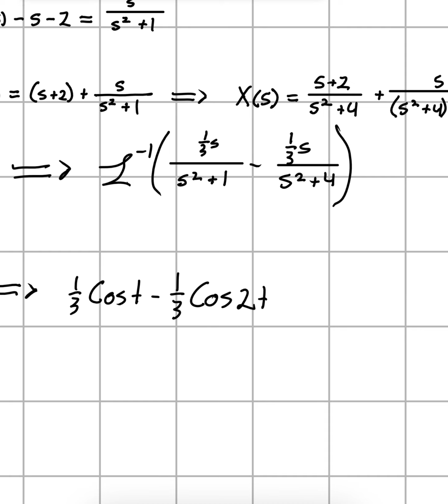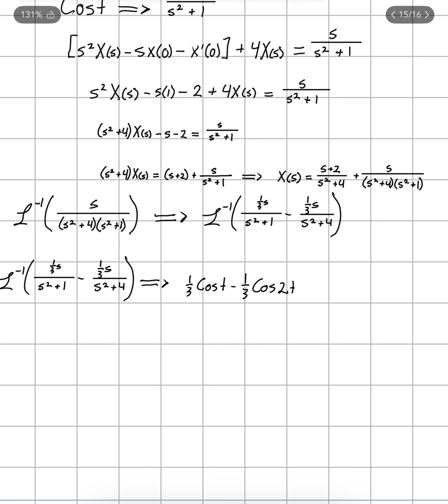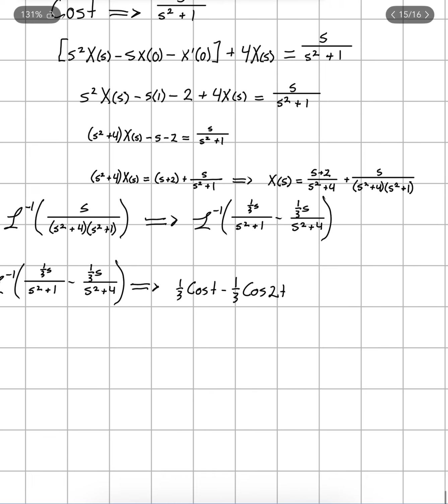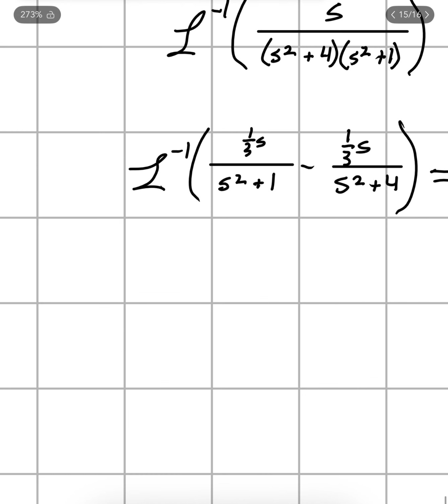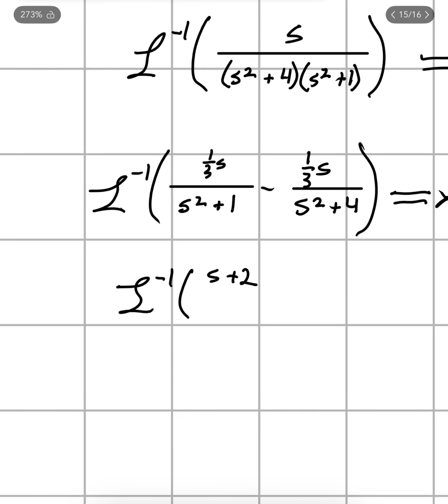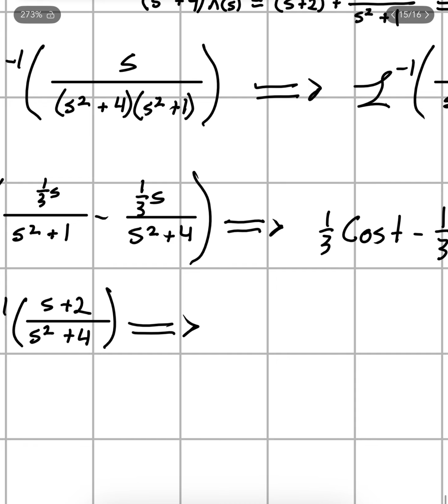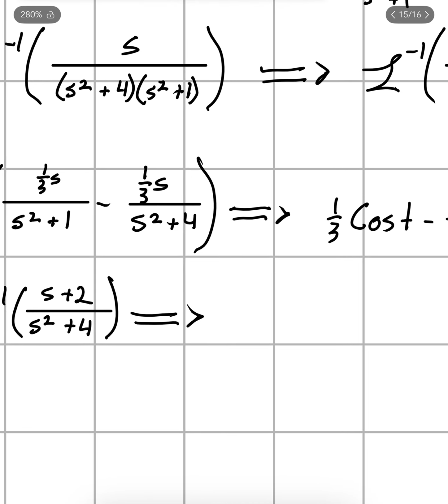Next, let's look at the right-hand side of the equation. We will take the inverse Laplace transform of s plus 2 divided by s squared plus 4, which we can easily break up into two different equations which follow two identities.